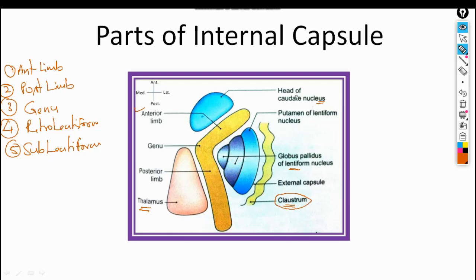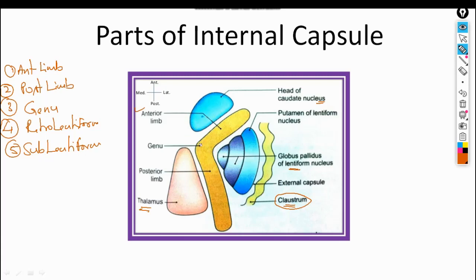This claustrum and the caudate nucleus are part of the basal ganglia. We will talk later in a coming lecture about the basal ganglia. So this anterior limb is present between the anterior part of the lentiform nucleus laterally and the head of the caudate nucleus medially.